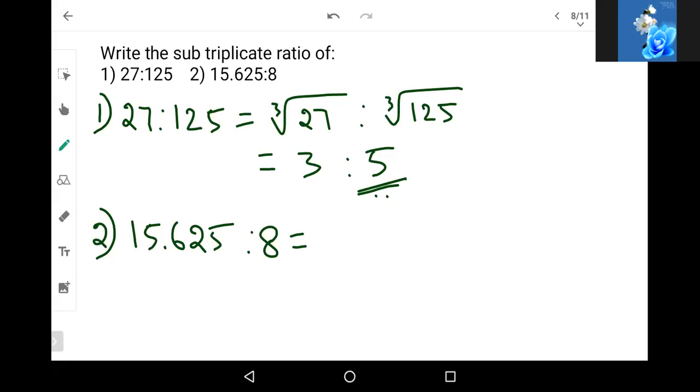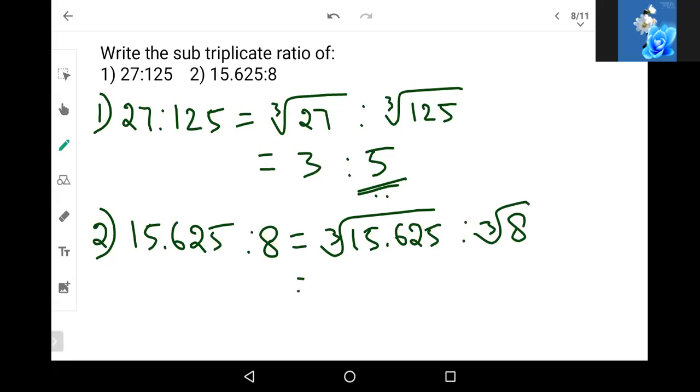Okay. So here cube root of 15.625 is to cube root of 8. Now cube root of 8 is 2. We have to do some multiplication for 15.625. Now let us see. 2 cube is 8. Correct? 3 cube is 3 threes are 9, 9 threes are 27.